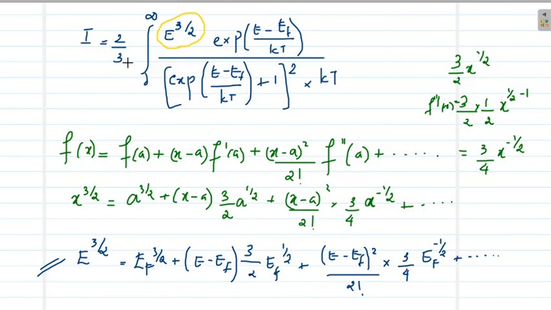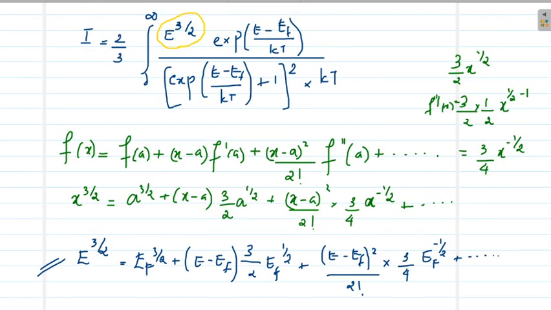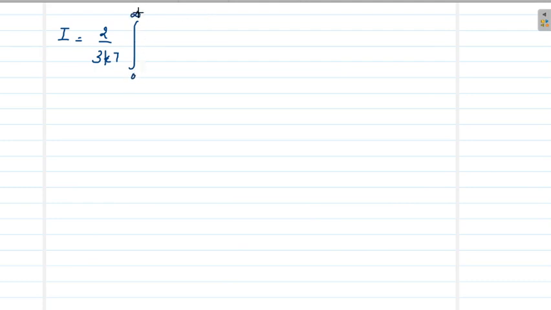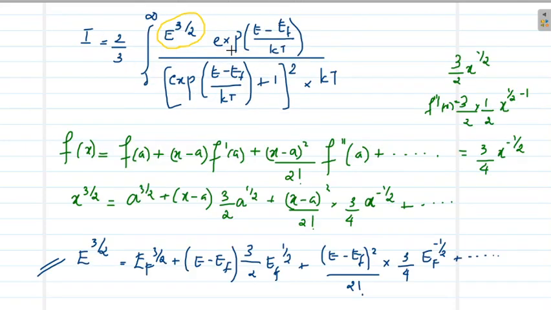This kT factor is taken outside. 2 by 3 kT, all the constants are written together. 2 by 3 kT into integral 0 to infinity, exponential (E minus EF) by kT divided by exponential (E minus EF) by kT plus 1 the whole square, and instead of E raised to 3 by 2 we are going to substitute this Taylor series.